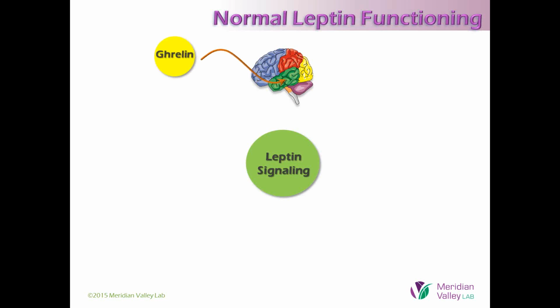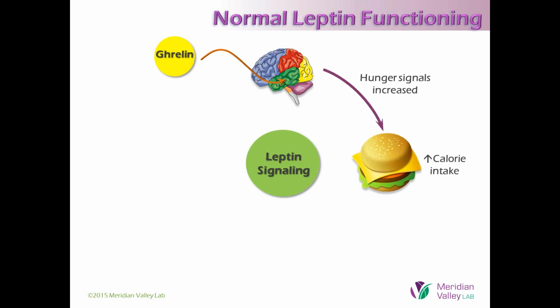So we start with a hormone called ghrelin. Ghrelin is a hormone that increases appetite, comes about when we have not eaten for a while and tells the brain that we're hungry. So we increase the hunger signal and we eat some food.